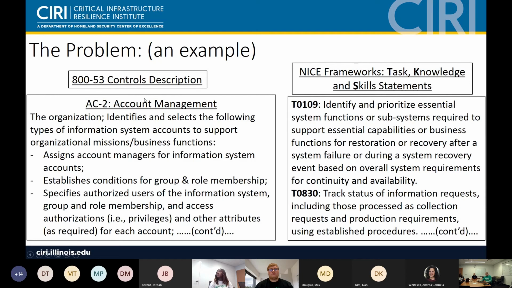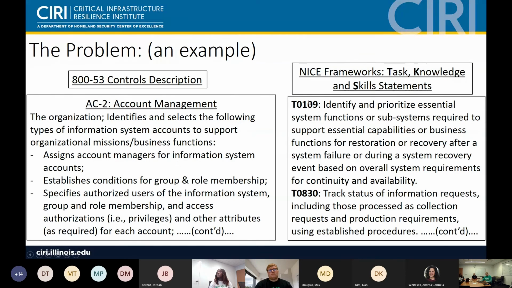So the problem, here is an example. In 853, the control description would be a long description. I have given just a synopsis here. It will talk about a specific control, let's say account management. What does account management mean? It means you identify and select the following types of information system accounts to support organizational mission and business functions, and it goes in a little more detail, right?